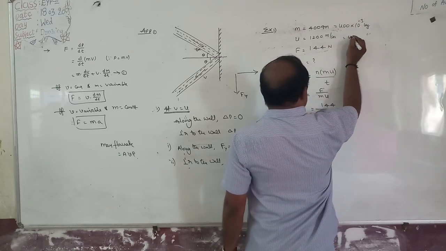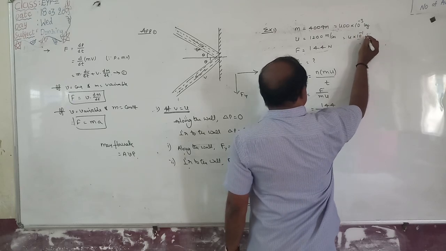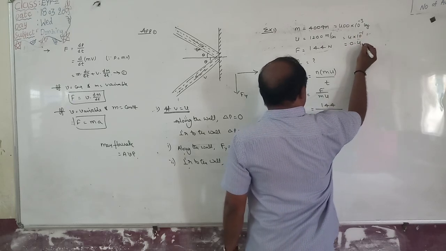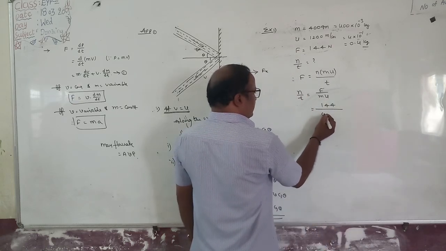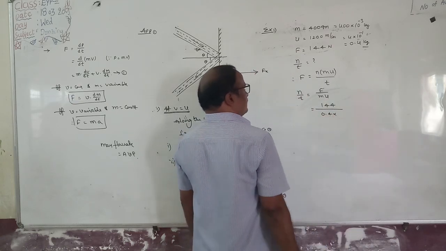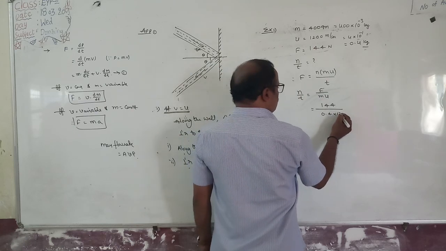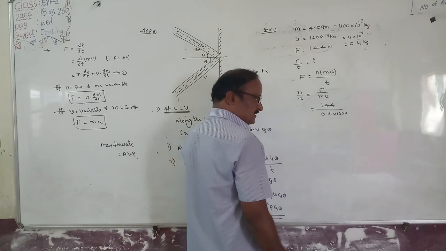That is equal to 4 into 10 power minus 1, which is 0.4 kilograms. So the mass of each bullet is 0.4 kilograms, and the velocity of each one is 1200.